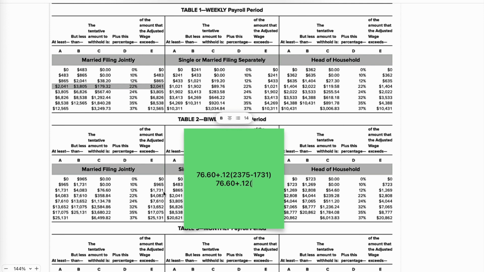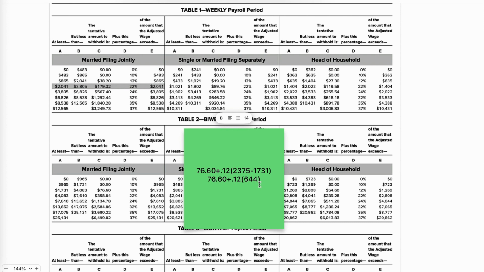So I'm going to take 2,375 on the calculator, and I'm going to subtract 1,731. And that's going to give me $644. So the amount of her paycheck is $644 over this 1,731 number. So that's what we're going to take the 12% of.